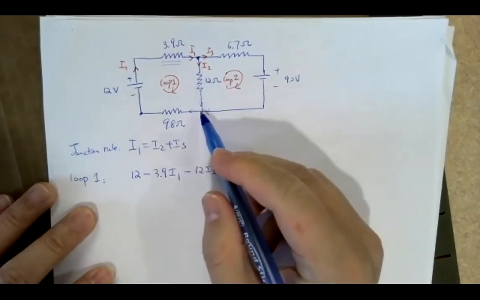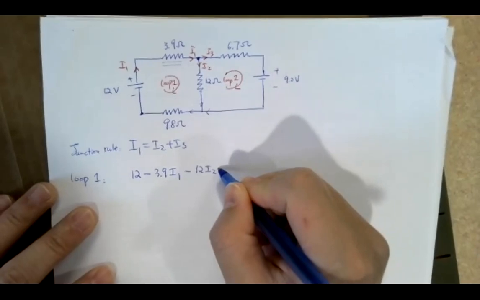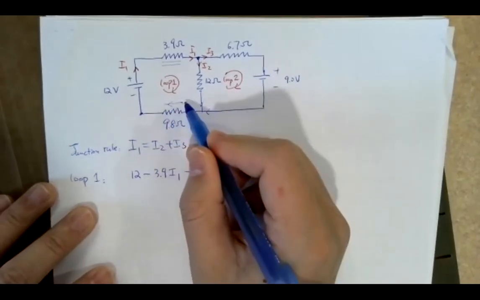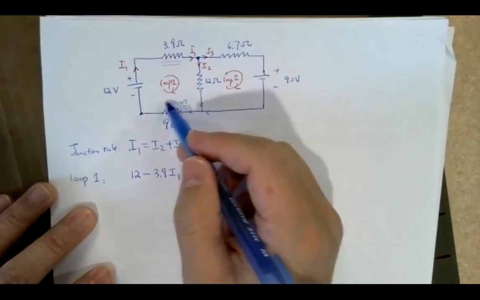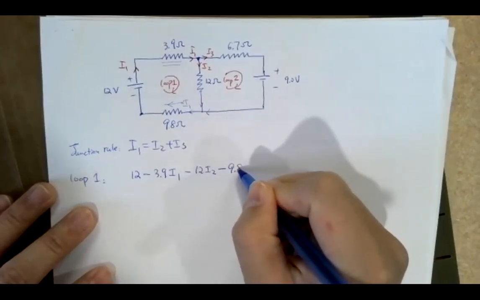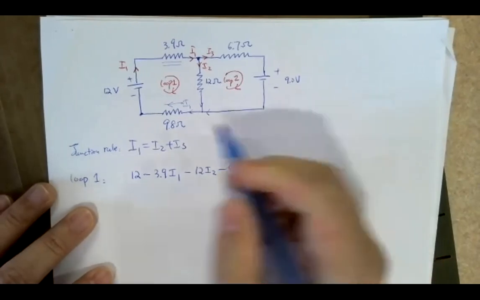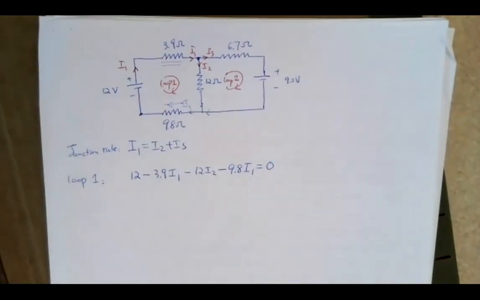Now for this one, I will have, again, minus because that's the direction of my current. I'm assuming that should be I1, and the loop also goes in that direction. So again minus 9.8 I1 equals 0. I return to my initial starting point. So that's my loop one.